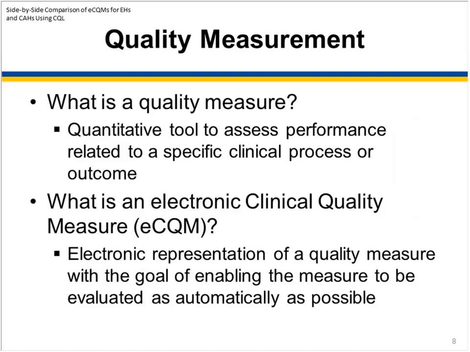A quality measure is a quantitative tool to assess performance related to a specific clinical process or outcome. So there are lots of different kinds of quality measures, and not all of them are electronic. Our goal is to provide specifications that enable the electronic representation of those quality measures.